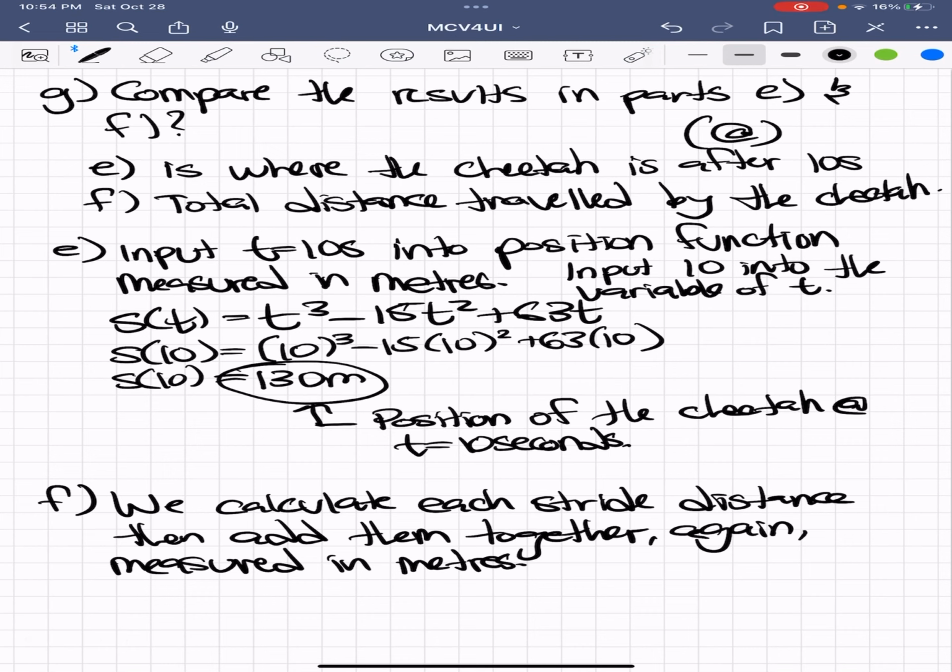We have 81 meters minus 49 meters, and that's 32 meters, and that's the position at 3 seconds, B, and that's the position at 7 seconds.